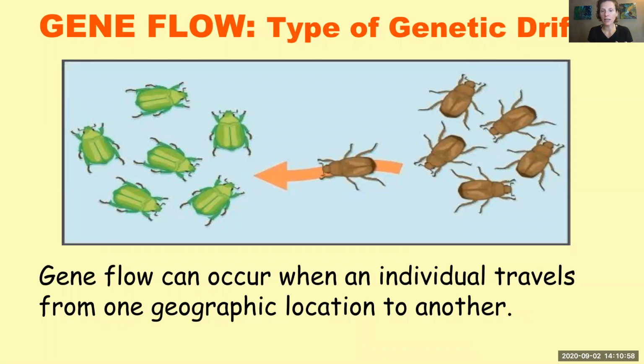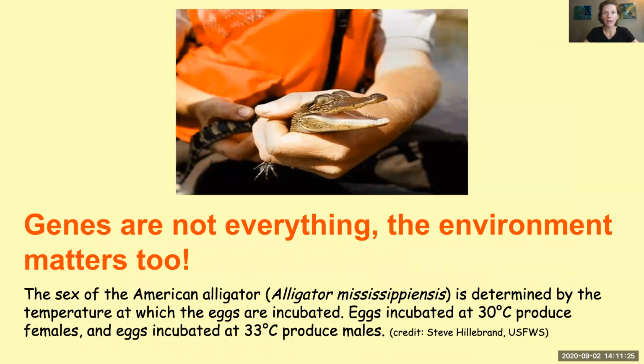And so occasionally you get a brown beetle going into the grass and mating, and a new beetle coming in can have an effect on the allelic frequency in the population. So this again is sort of random, just that random beetle walking over there, and it is an example of genetic drift.